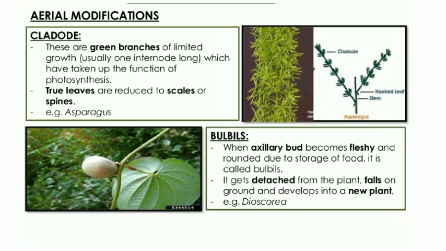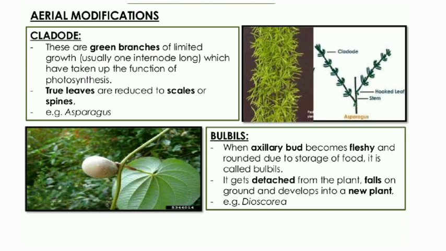Then cladode. In case of phylloclade, we have seen that the modified stem has unlimited growth. But here, these are green branches of limited growth. That is, they will usually be one internode long.